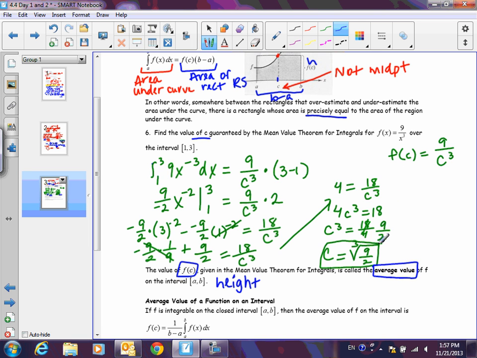We know c is the cube root of 9/2, so f of c, and I have it written right here, would be 9 over the cube root of 9/2, and remember that's being cubed from the actual formula. When you cube a cube root, that makes it easy. It cancels out. And here's the real question: what's 9 over 9/2?